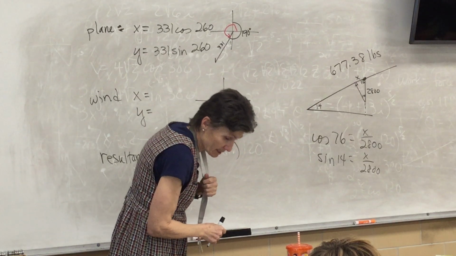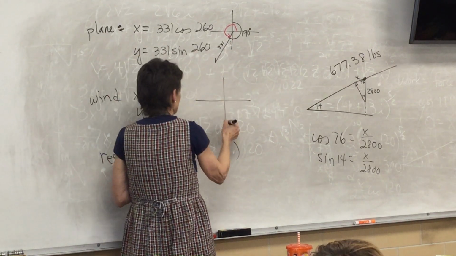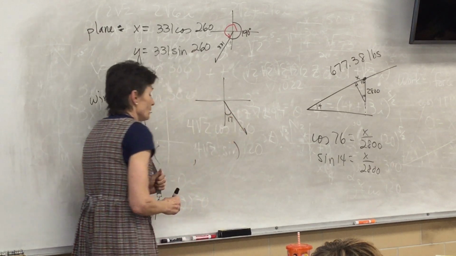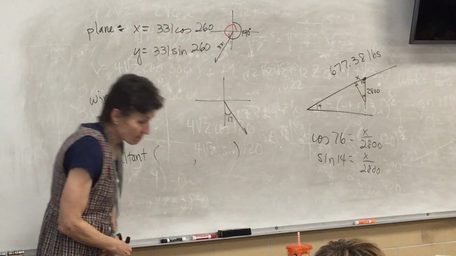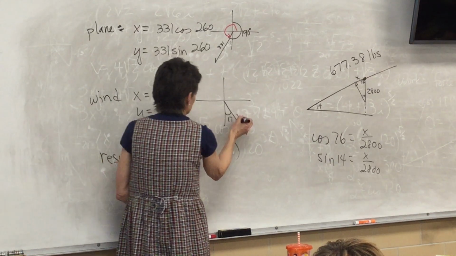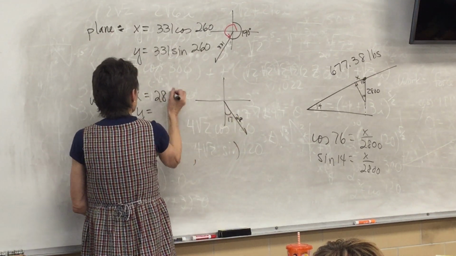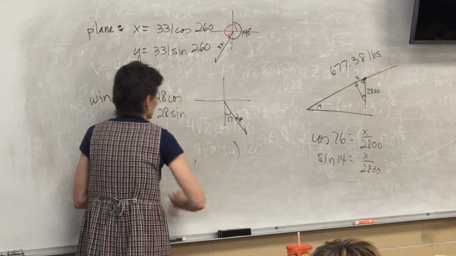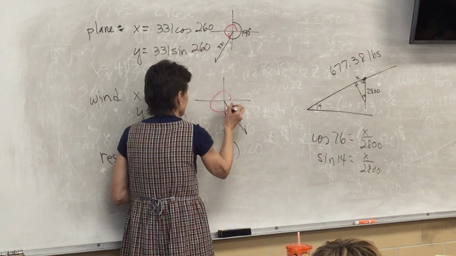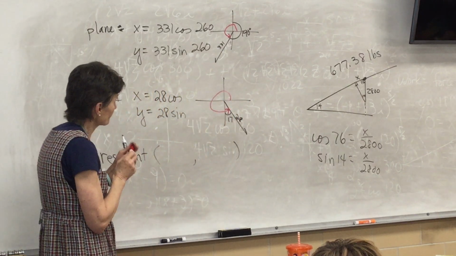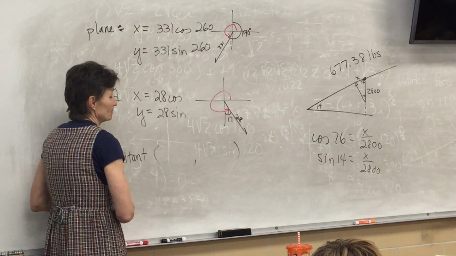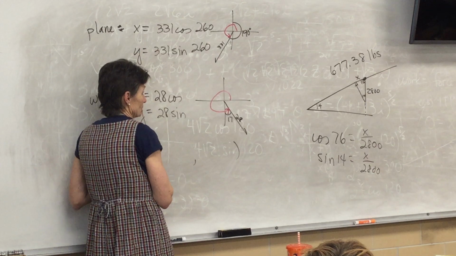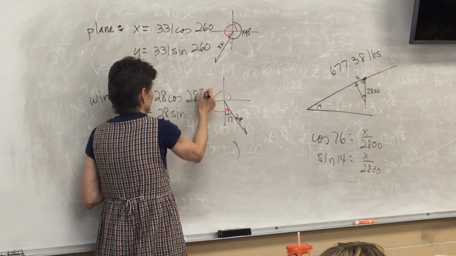All right, then we got the wind. And the wind is a course of south, 17 degrees east. So there's the wind, and its magnitude is 28. So 28 cosine something, 28 sine something. And the something is the angle in standard position, which would be 287.